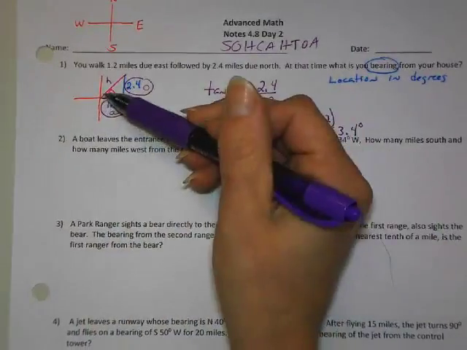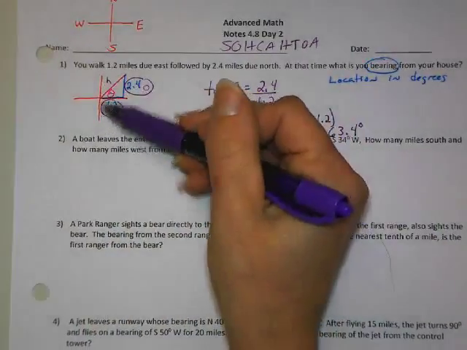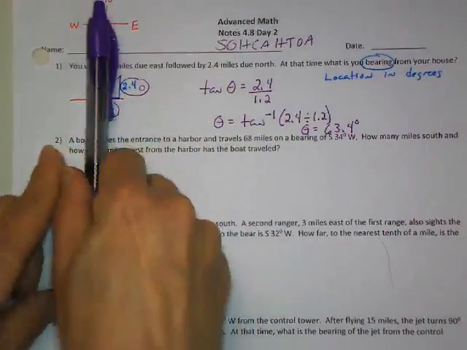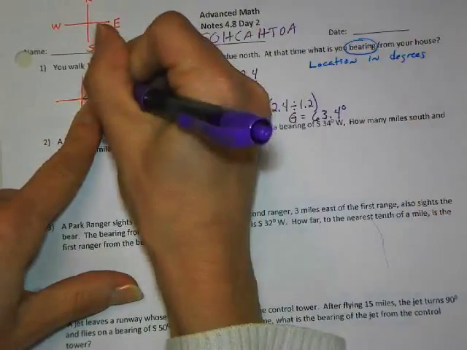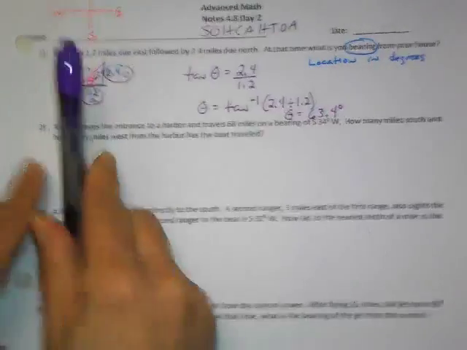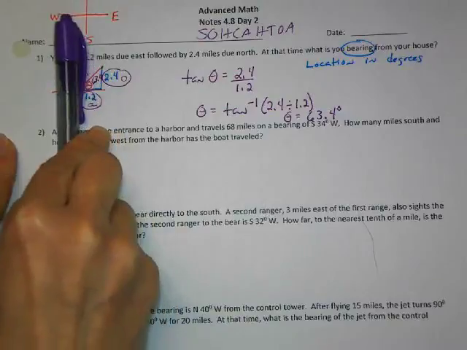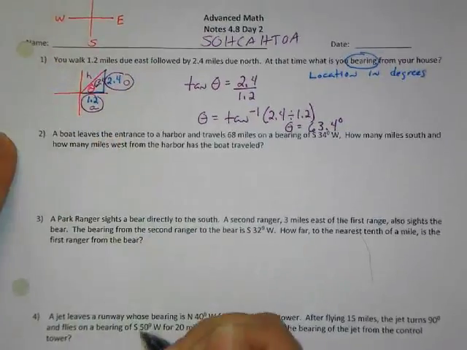To get to theta, I know that theta is really 63.4. But I want to know how many degrees, do you agree that right now I am east of north?